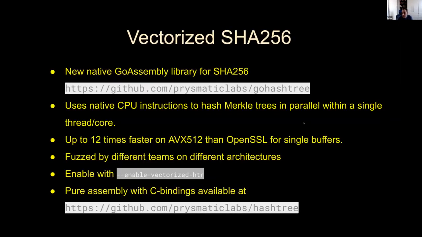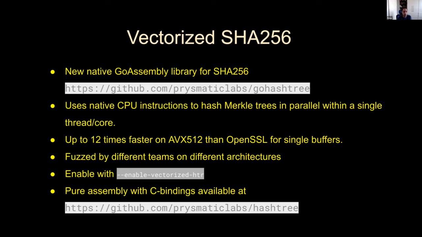This is perhaps the reason why I'm here. I'm actually personally proud of this. This is a feature that we stole from different clients. It's a technical detail from Bitcoin, the way they hash their blocks. They hash Merkle trees. They realized that they're hashing blocks of a constant size, which is 64 bytes.